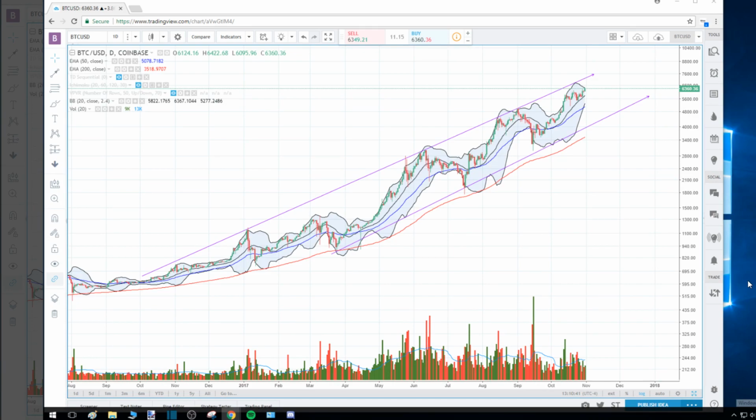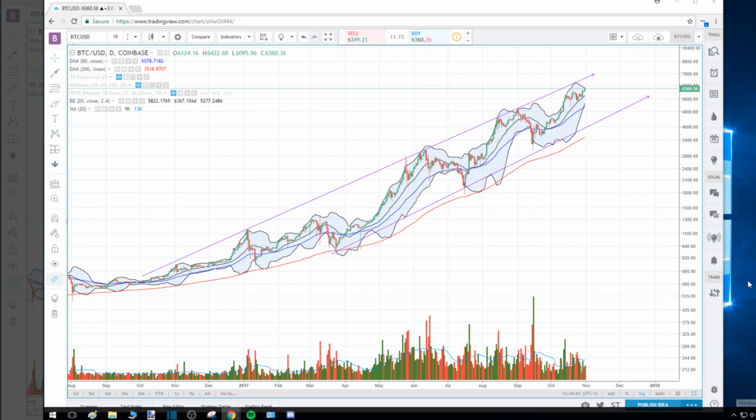Let me go ahead and touch on some of the anatomy of the Bollinger Bands and some of the trends so you can understand what I'm about to say. The Bollinger Bands are very useful for knowing when the market is overbought or oversold. They're better at showing support and resistance levels than your standard horizontal support and resistance levels, because the market moves.